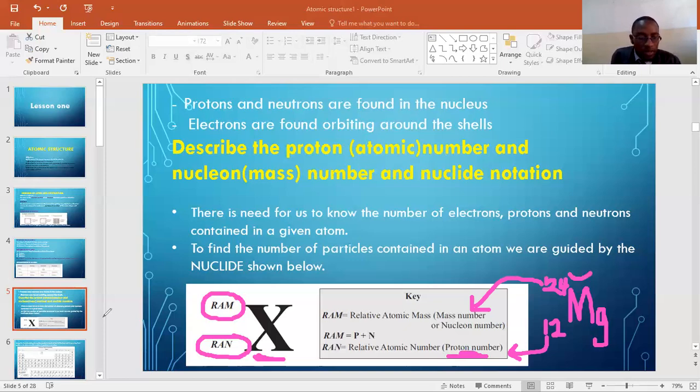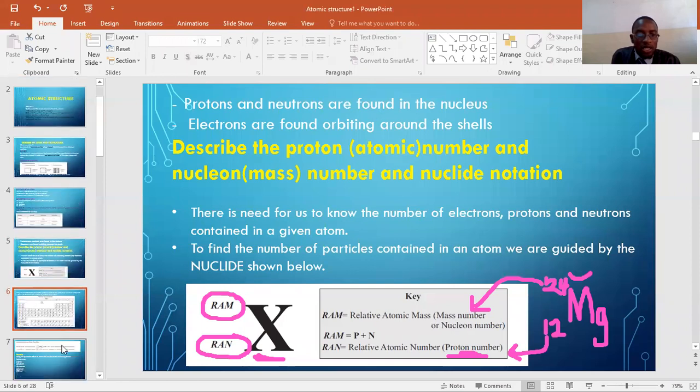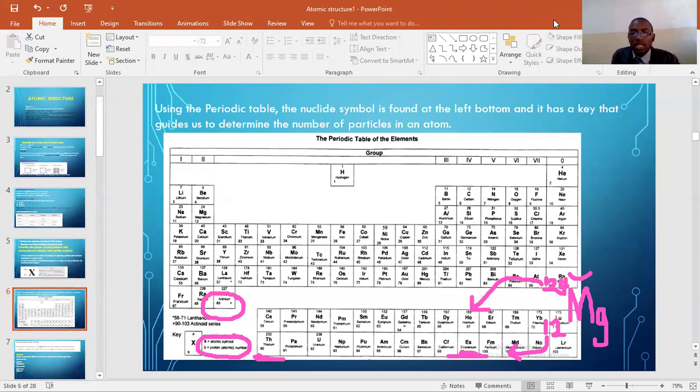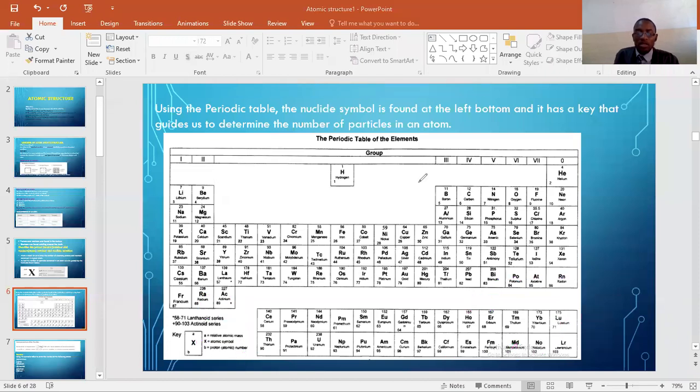Let's go and look at the periodic table so that we get acquainted with these Nuclide notations. Allow me to clear the drawings. So we have a periodic table showing us the different nuclide notations.